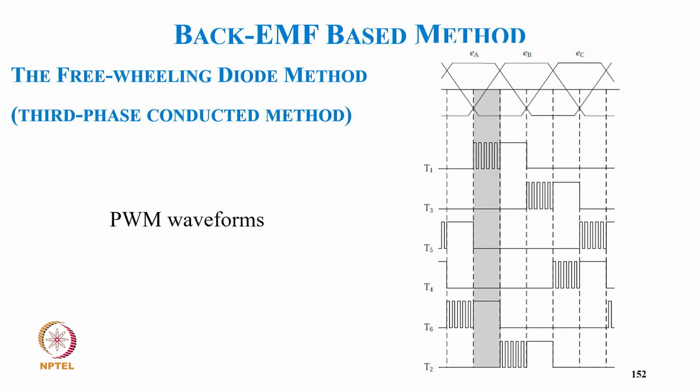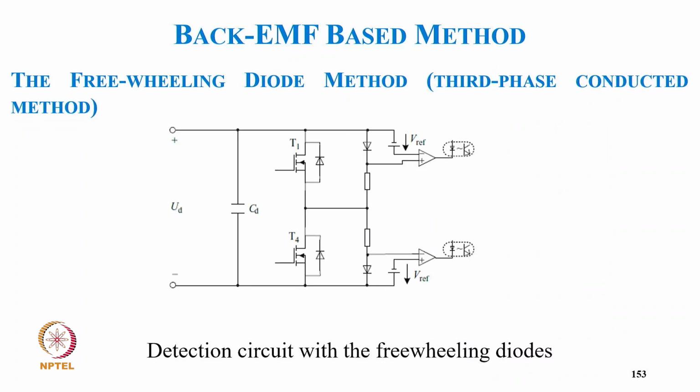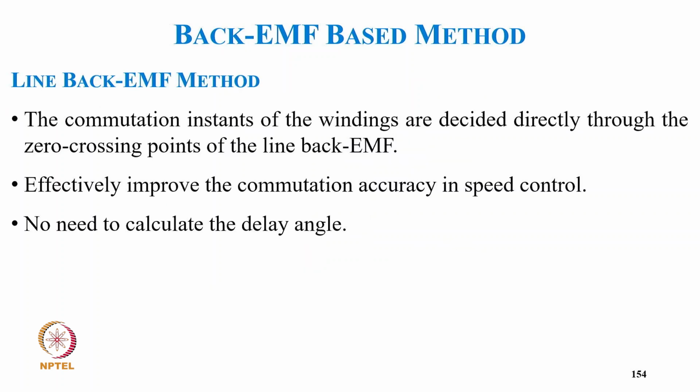So you can see the region here, how we are getting the shaded portion from which we get the commutation instant corresponding to that. So in the freewheeling diode method, we take the diode voltage, and which we compare with the threshold, and that gives the signal which we isolate with the optocoupler. And this need not be high frequency, so a very low cost optocoupler can be used for this purpose, for detection of the freewheeling diode to really give the position signal.